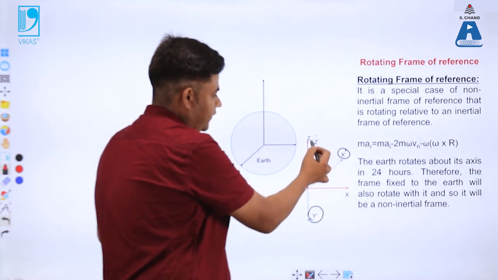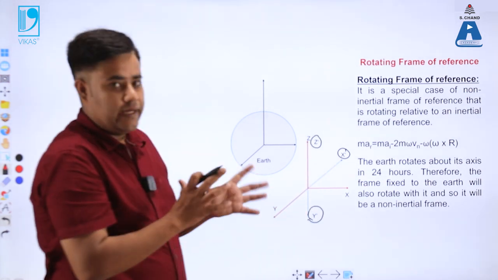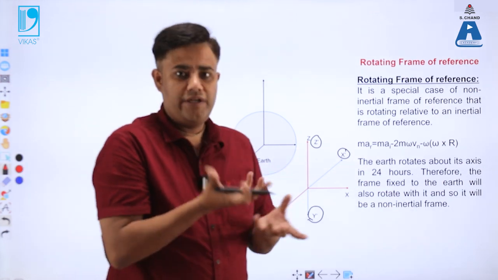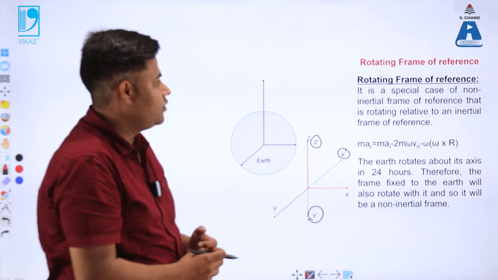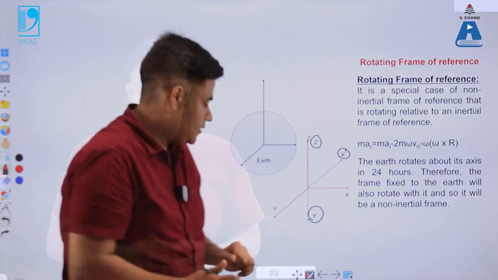One axis would be fixed so as to get the object in rotational motion. This would be the situation of rotating frames of reference. We stop here for a short break, and after coming back we will be deriving the expression for the rotational frame of reference.